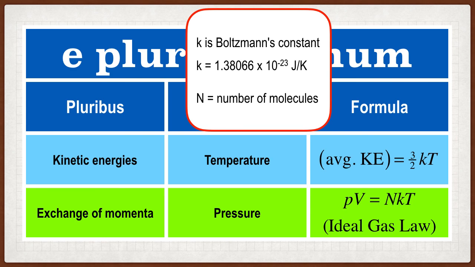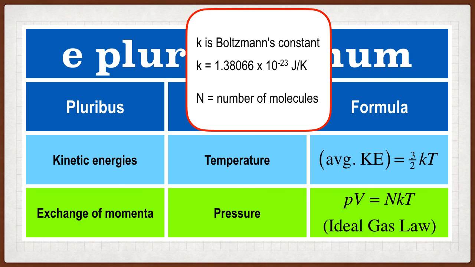Students, side note: Boltzmann's constant, K, joules per Kelvin. Those are the units of entropy, E-N-T-R-O-P-Y. Raise your hand if you've ever heard anybody mention the word entropy or if you've read it. Okay, chemistry class talks about it a lot.